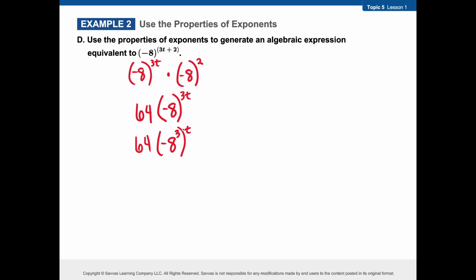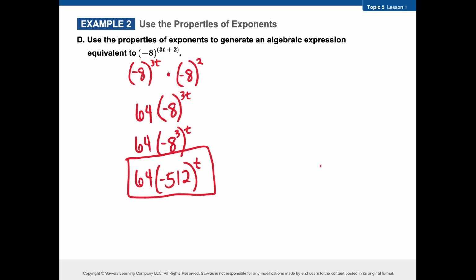That's how 3t comes around. 3 times t, 3t. Then I can do negative 8 cubed, which would be negative 512. And this would be a final answer.